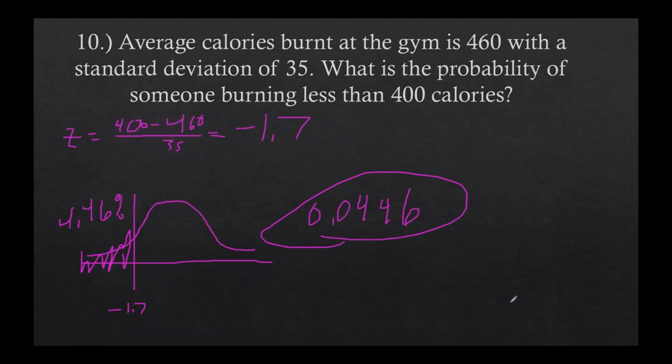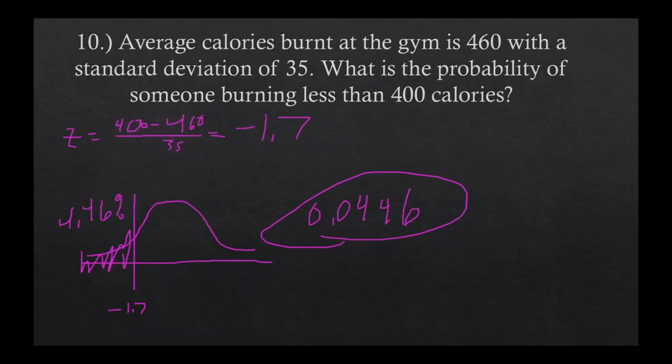Read the directions in WebWork because your table gives you 4 decimal places, but sometimes WebWork asks for a decimal to 3 decimal places, and you have to round. I've gotten a lot of questions from my 16-week classes of, I'm doing this wrong. No, you just can't read directions, right? So make sure you really read the directions for these because you'll know how to do it. You just got to make sure you're putting it in the right way.